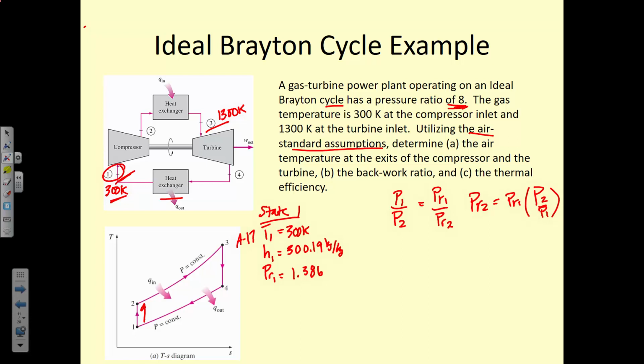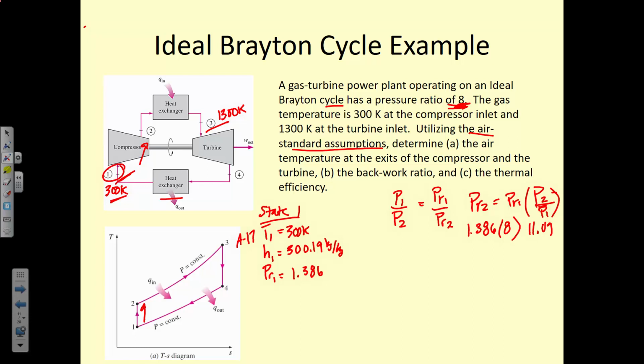If you ever forget if it's P2 over P1 or P1 over P2, think about the device. A compressor is going to increase the pressure, right? So in order for the ratio to be a number greater than 1, P2 would have to be the larger number. So it's 1.386 multiplied by 8 gives us 11.09.